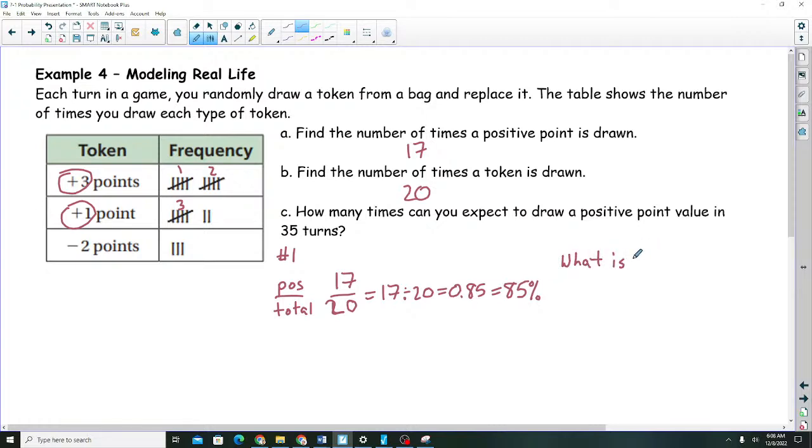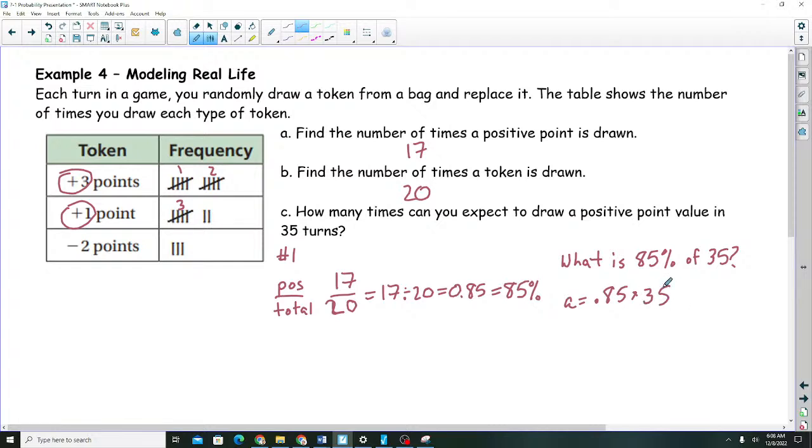So what we could do is we could say, what is 85% of 35? In which case we can then go 0.85 times 35.